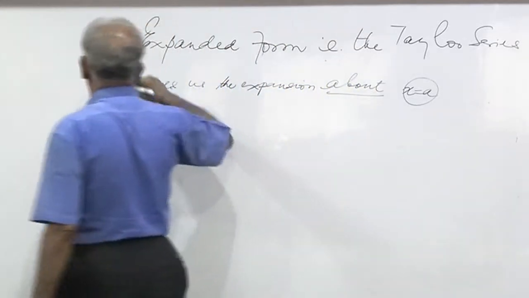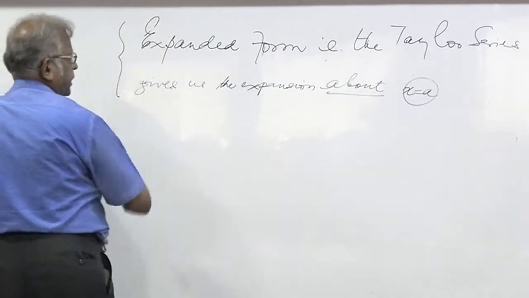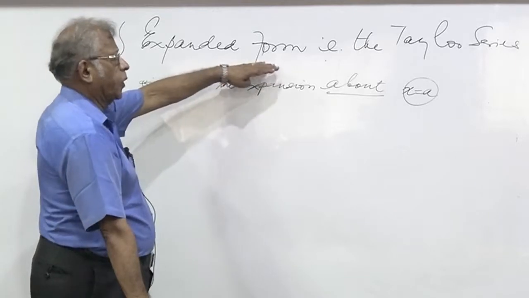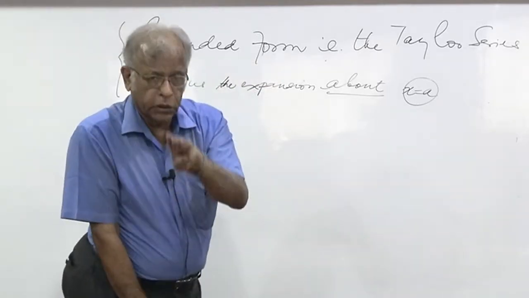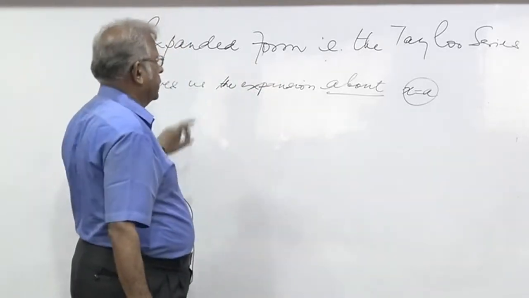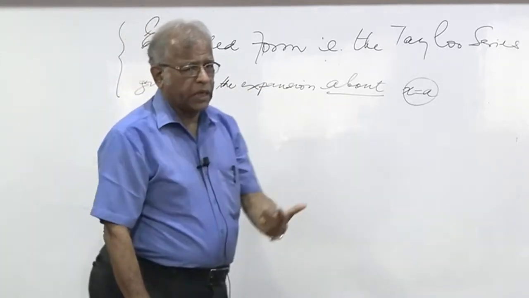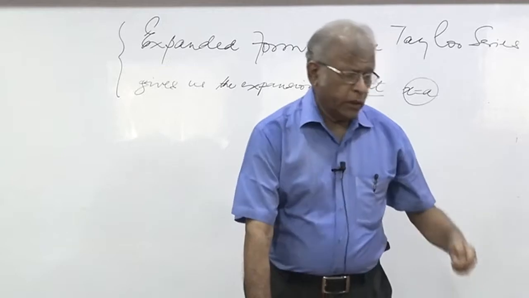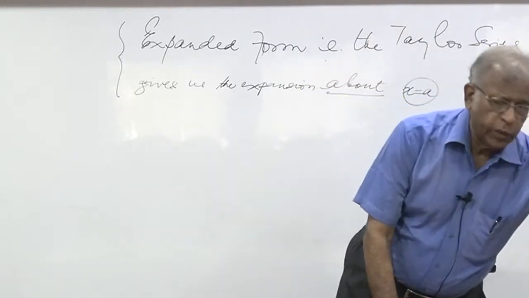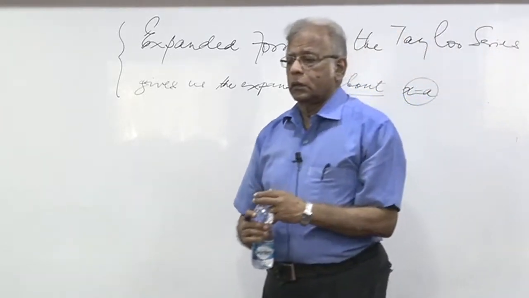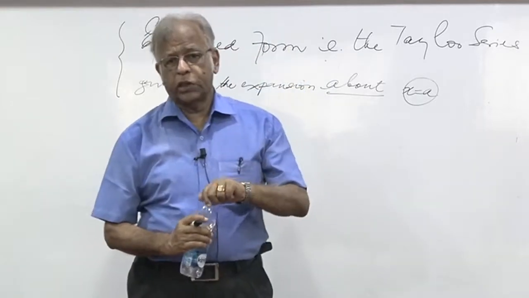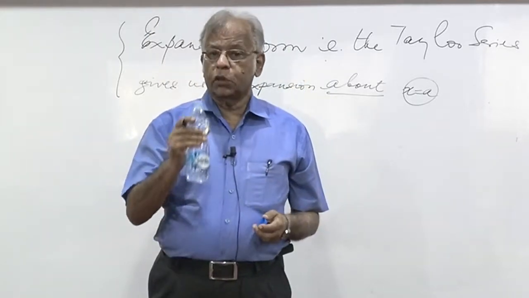This is another way of saying that the Taylor series expansion for f(a+h) gives us the expansion about the point x is equal to a. That can be any point, and the special case will arise when we take the expansion about the origin, that means about x is equal to 0.